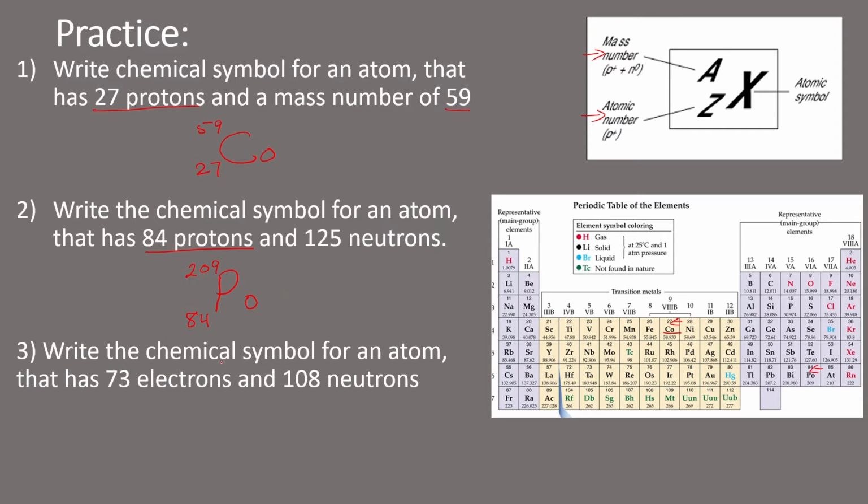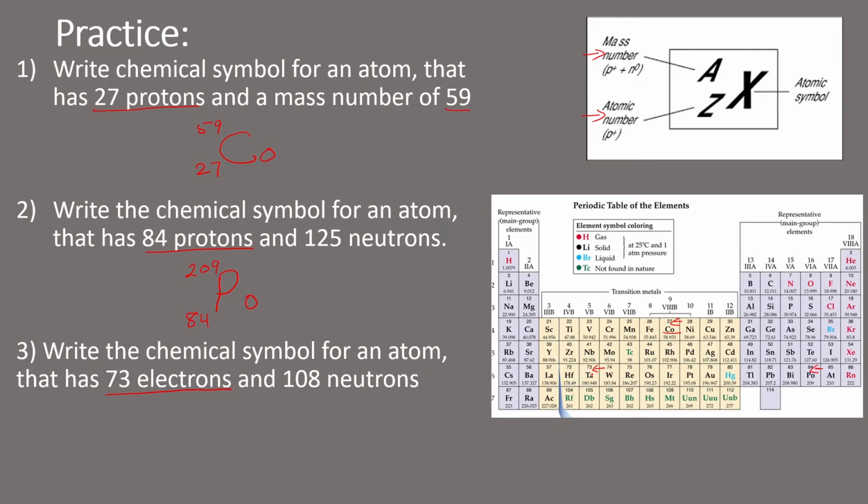Next, you have to write a chemical symbol for an atom that has 73 electrons and 108 neutrons. Remember, for a neutral atom, the number of electrons is equal to the number of protons, or the atomic number, right? So for 73, here is the symbol.